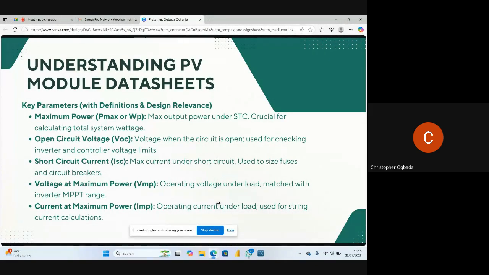This is the maximum power that the PV would give you, assuming favorable conditions. This maximum power is a rating of your module, and it is crucial for sizing the maximum PV power of your inverter.